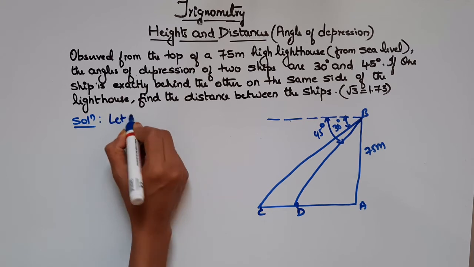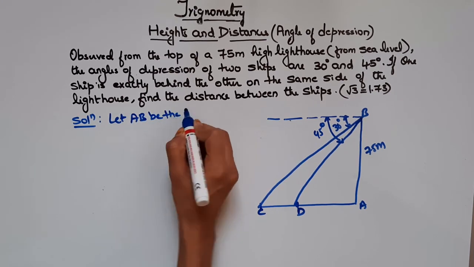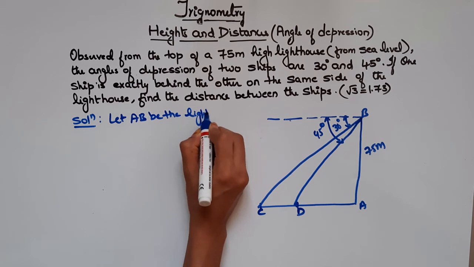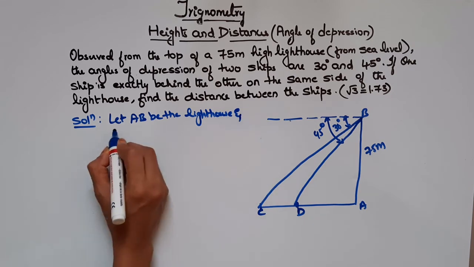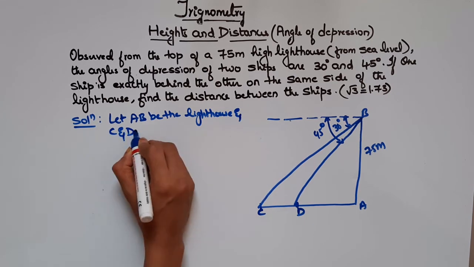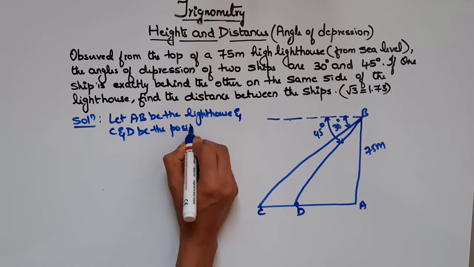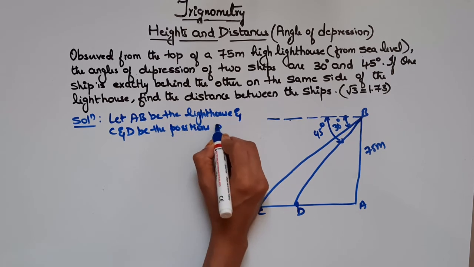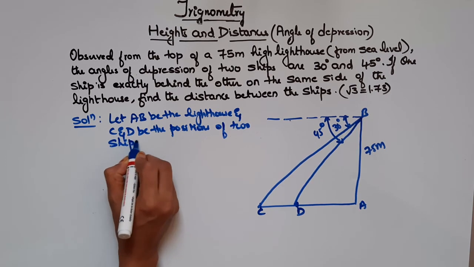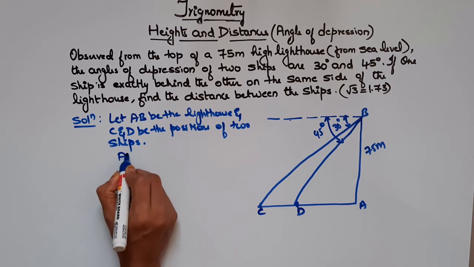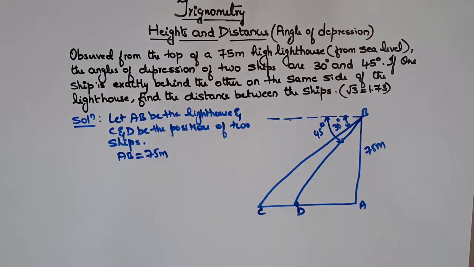So first let's write that in words. Let AB be the lighthouse and we have C and D be the positions of two ships. And AB we know it is 75 meters which is given, right?